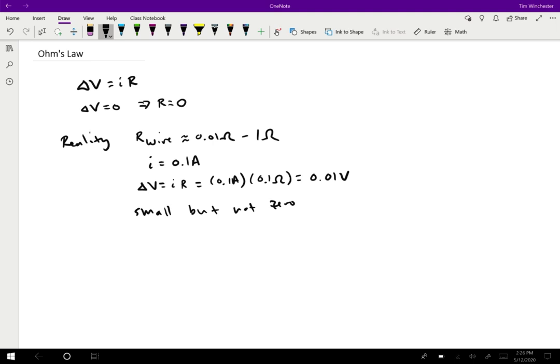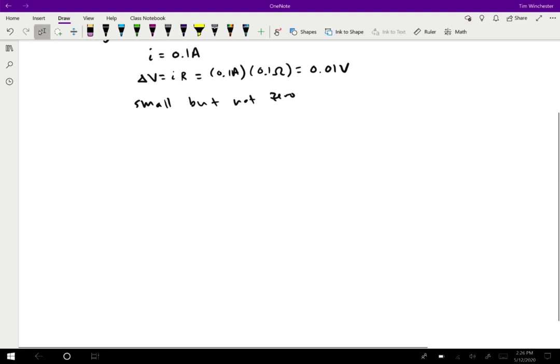So we can usually assume that the delta V is just 0 unless we have some reason why the other resistances in the circuit are also really, really small. One example would be, let's say you just took a battery, and I don't recommend you do this. If you took a battery and you just connected the two ends with a single wire, you kind of run into a contradiction based on the rules that we have for ideal batteries and ideal wires.